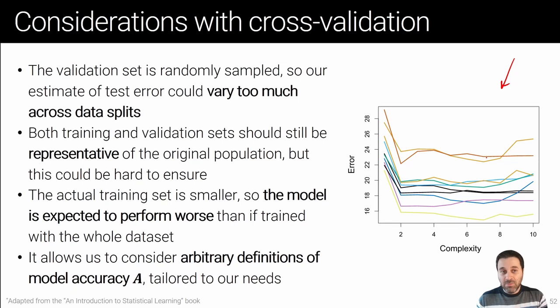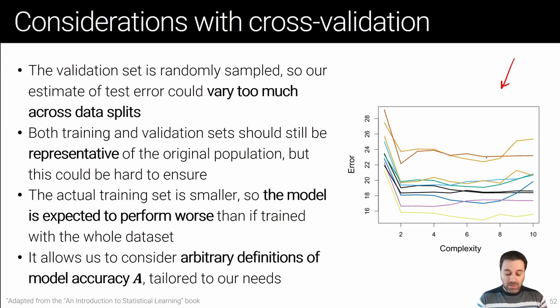If we also think about it, both the training and the validation sets should still be representative of the original population that the whole data set represents. And many times this is going to be tricky to ensure. So we could think about different ways of ensuring the sample is representative. For example, think about a stratified random sample.